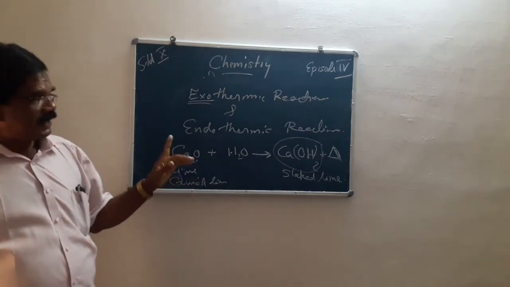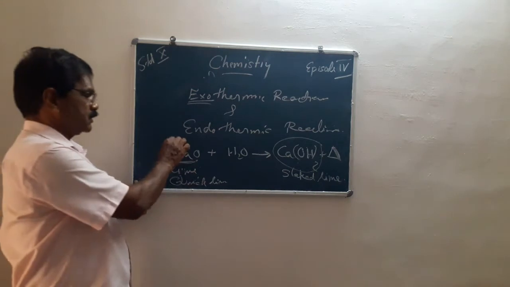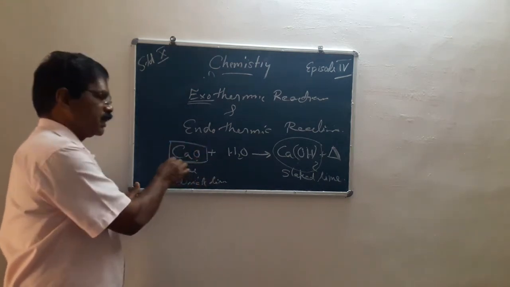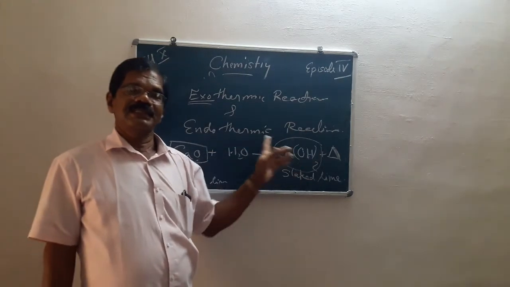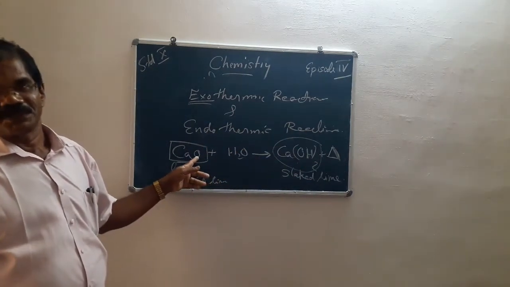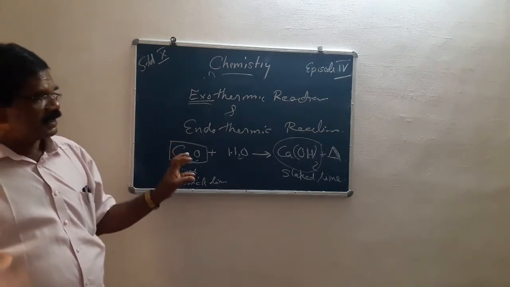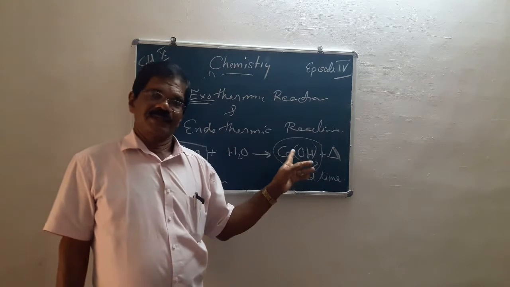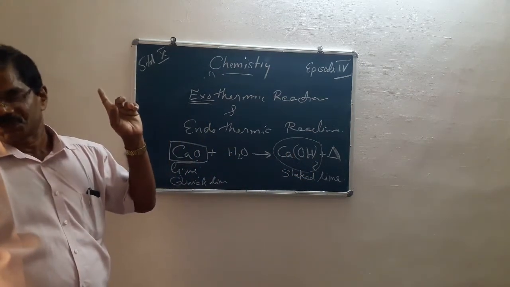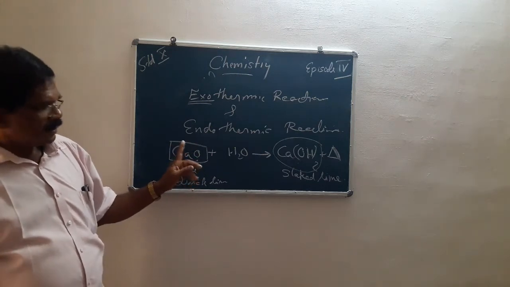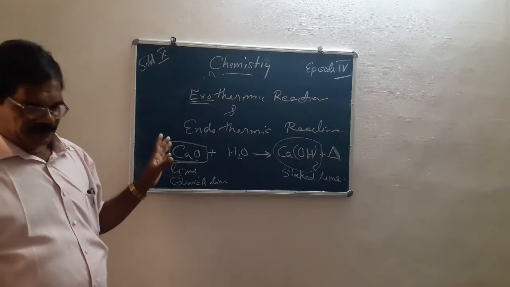But here the question is about the solution of a substance. Which is the correct answer? Calcium oxide. Its solution, when it is treated with water, is calcium hydroxide. Therefore, X is calcium oxide. This is a twisted question; you can think and find the answer. Solution means a substance soluble in water, and then the solution is obtained.